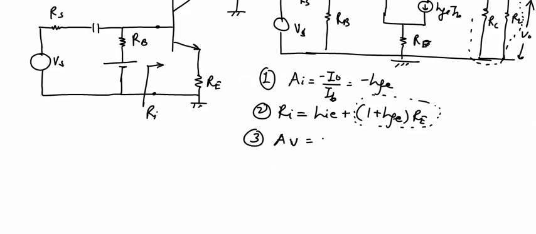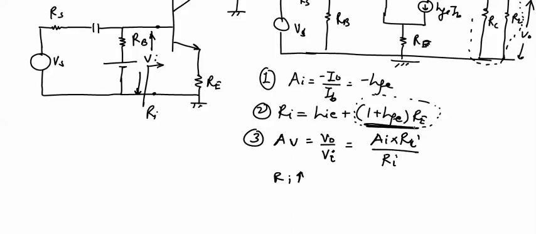voltage gain AV equal to V naught upon VI. VI will be the voltage between these two terminals and output voltage at the output terminal. This voltage V naught upon VI is equal to AI into RL dash upon RI. We know that Ri is increased just now with this factor.